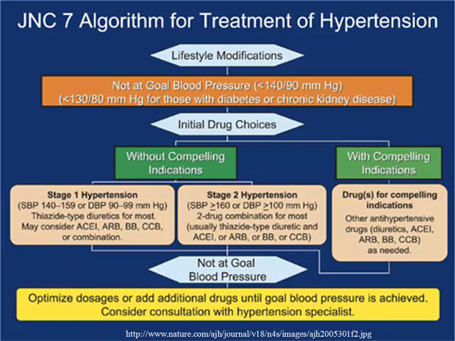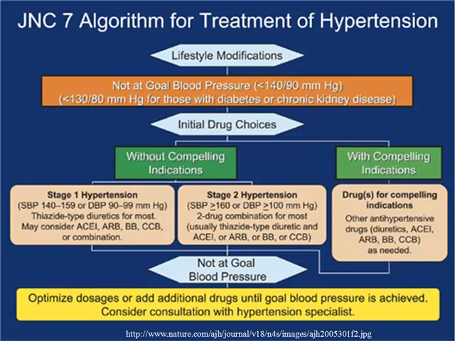Or if they have high blood pressure and asthma, we're probably not going to give them a beta blocker because that can affect their respiratory status. So compelling indications are other kinds of issues that they might have that might argue for a different drug. But if they don't have compelling indications, for most patients we're going to start them with a thiazide diuretic and may also consider some other drugs.